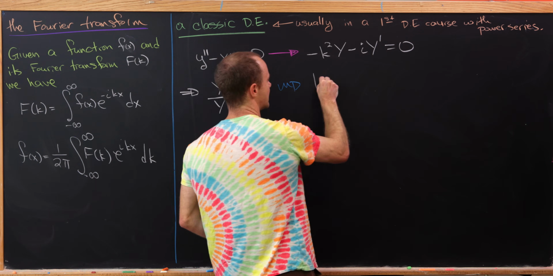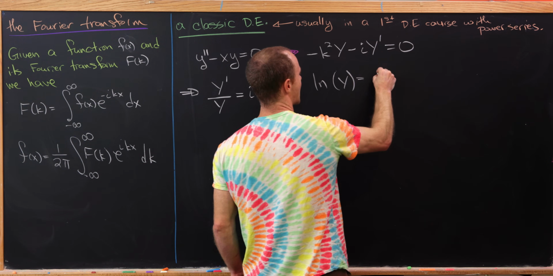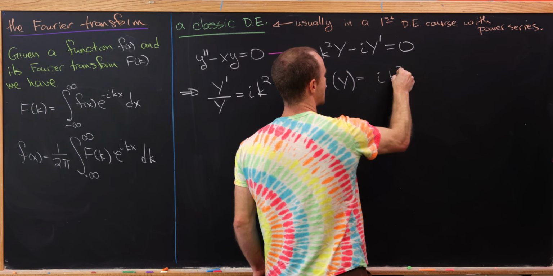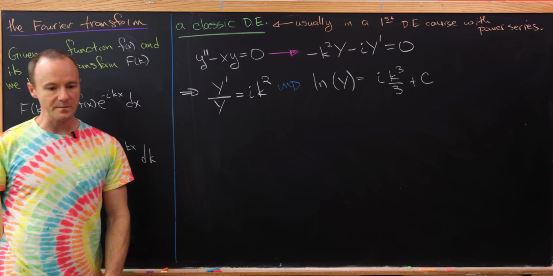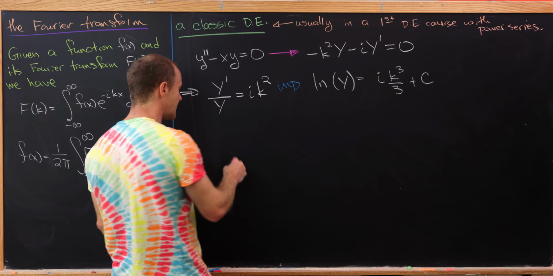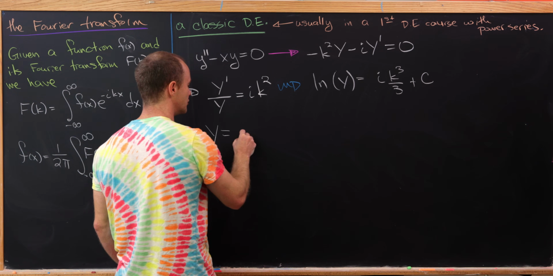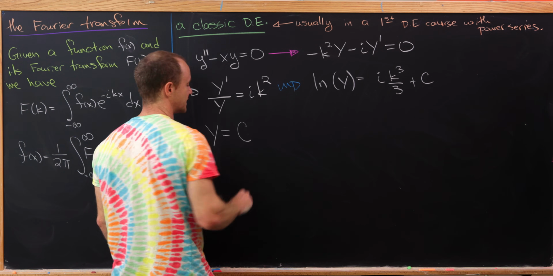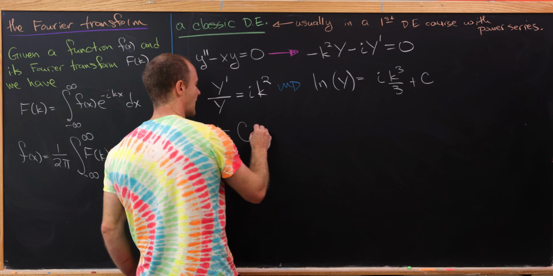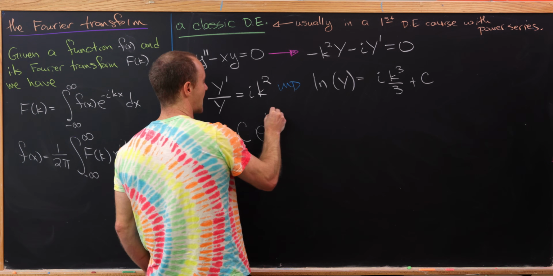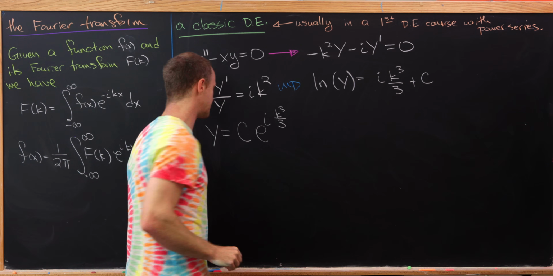So we'll have the natural log of capital Y is equal to i times k cubed over 3 plus some constant. Now let's exponentiate. So exponentiating, we'll get capital Y is equal to a constant, which we get from the e to the constant, but I'll just rename that c. And then we have e to the i k cubed over 3.